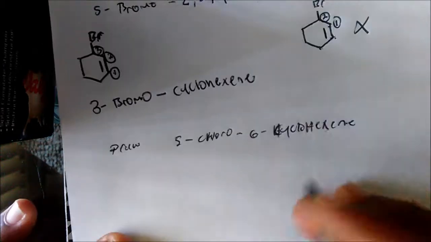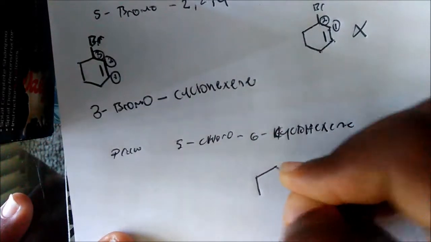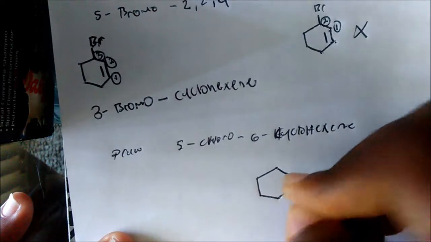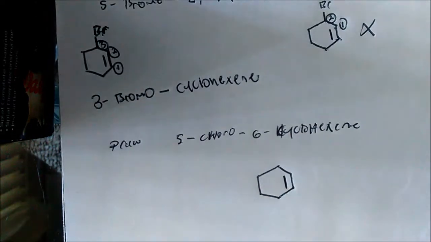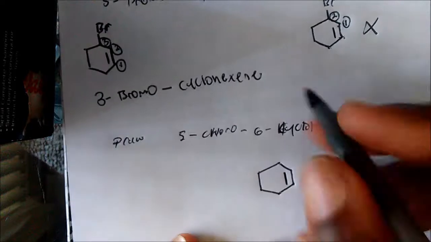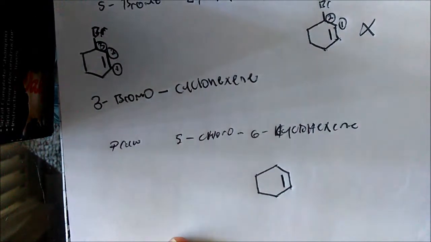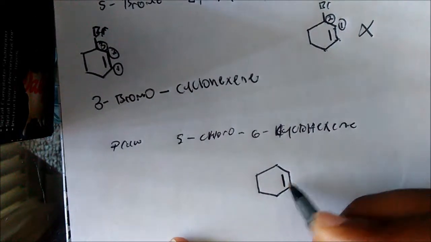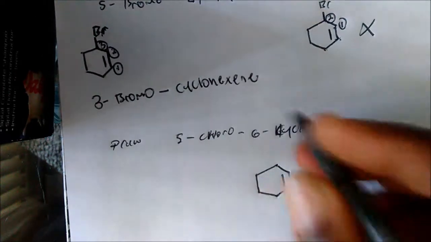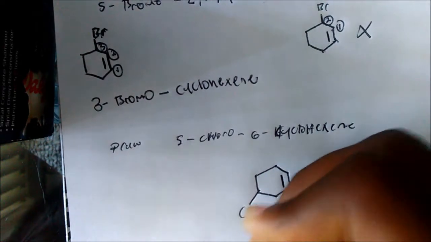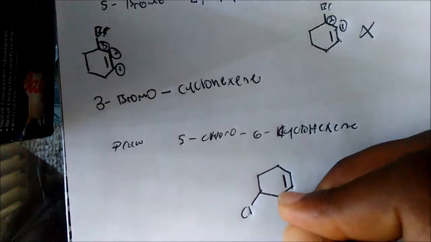How would you draw it? Well, it doesn't matter where I put my double bond at this point, but we know it always gets priority number 1. So starting from here, because I'm going to count across my double bond, this would be carbon 1, 2, 3, 4, 5. We have a 5-chloro, so we have a chlorine here.